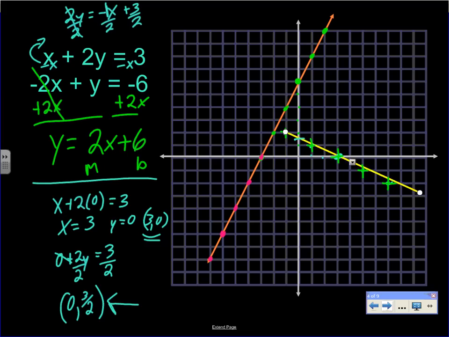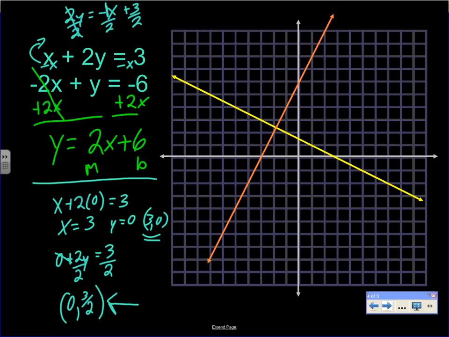So let's go and plot this line here. And as I'm doing that, I was noticing that it was crossing at the slope that I needed. It was crossing all those points, even though I didn't have those points on there. Let me go ahead and get rid of all these points here so we can see our two lines then.